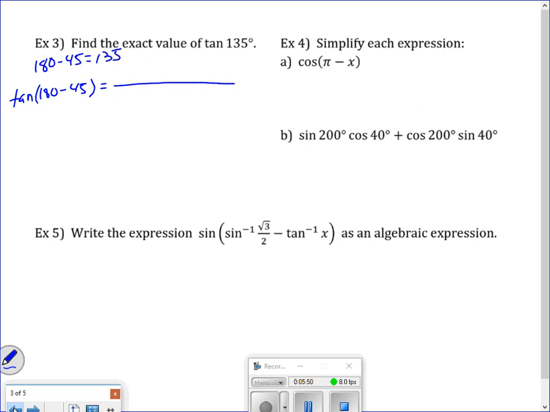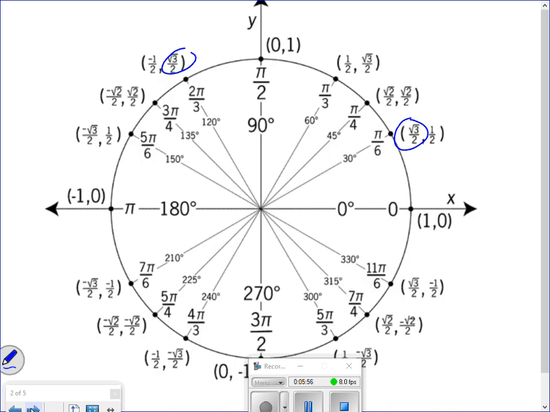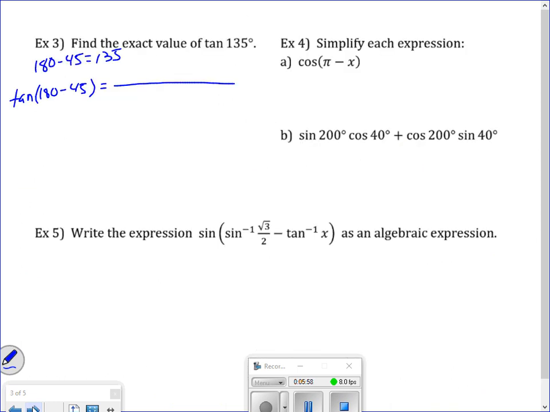So for the tangent rule, I need to do the tangent of the first plus or minus the tangent of the second part. So in this problem, it was subtraction, so I'll be doing the tangent of 180 minus the tangent of 45. On the bottom, I'll be doing 1 plus the tangent of 180 times the tangent of 45.